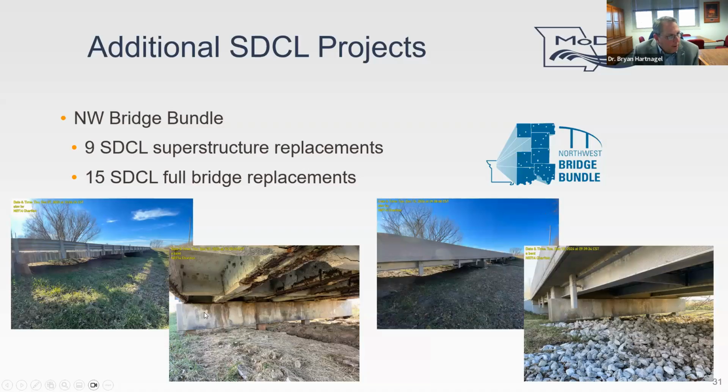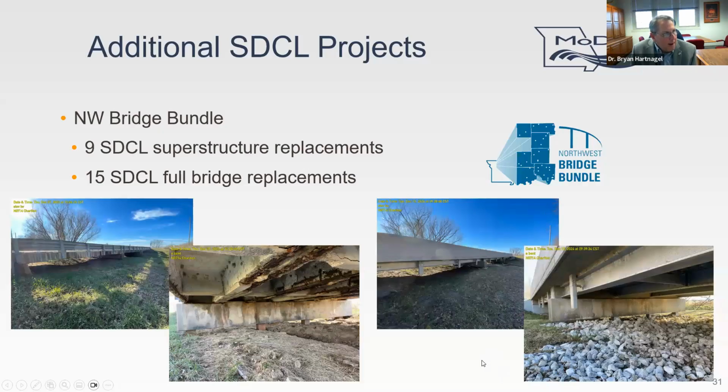The beam cap here looks bad, but mostly it's just rust staining from the reinforcing in the U-beams. So we cleaned it up and put in a superstructure replacement with wide flange beam spans. And here you can see before and after photos of this bridge.